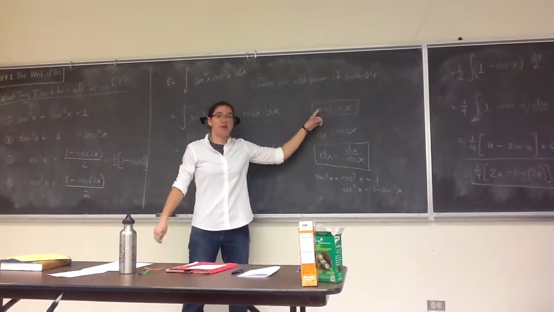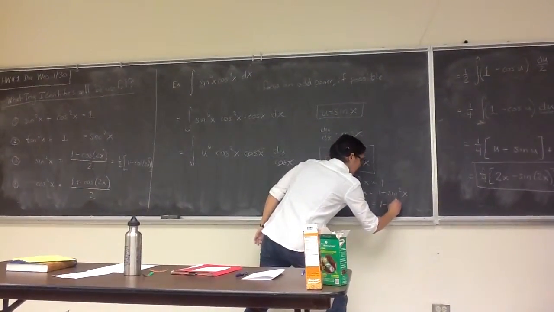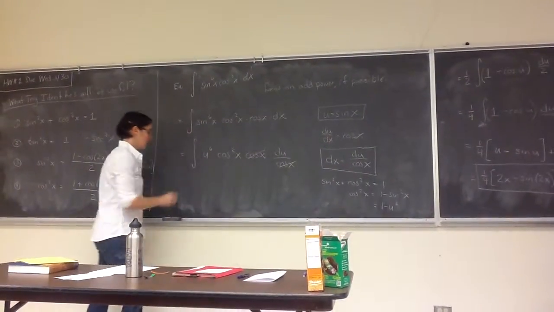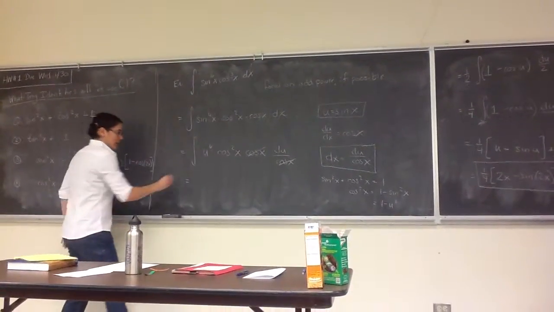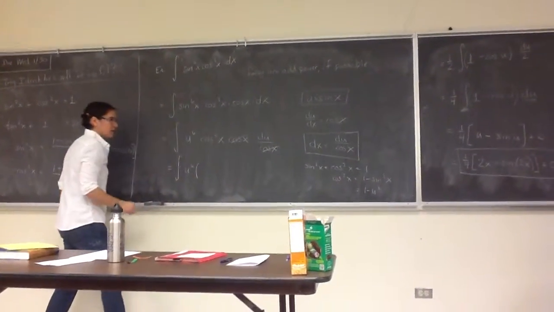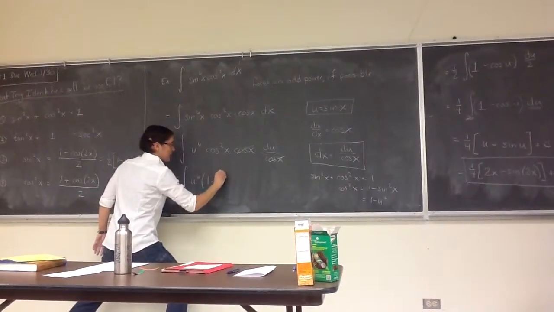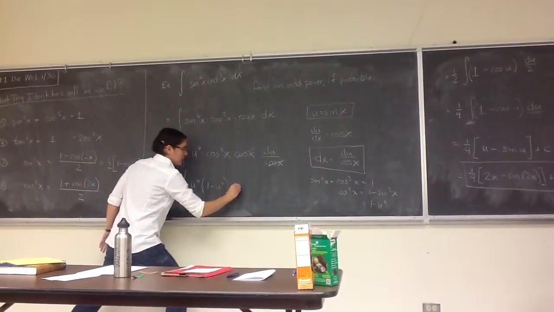And our sine was our u, so that's 1 minus u squared. So we end up with the integral of u to the sixth times 1 minus u squared, and then we have a du at the end.